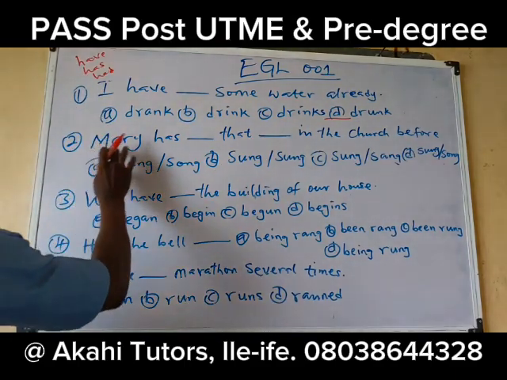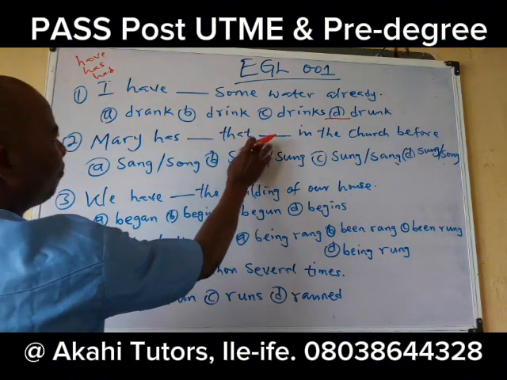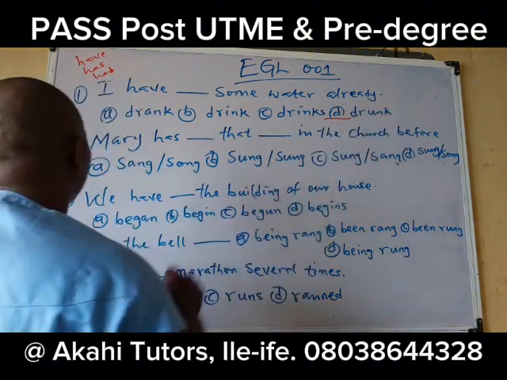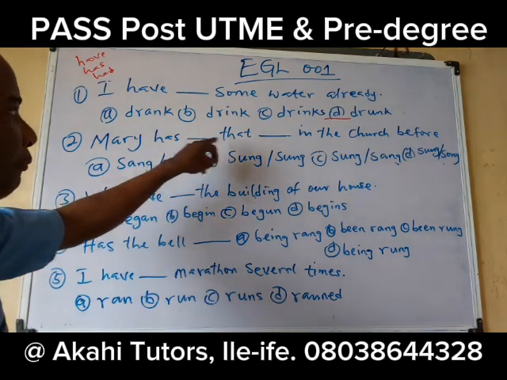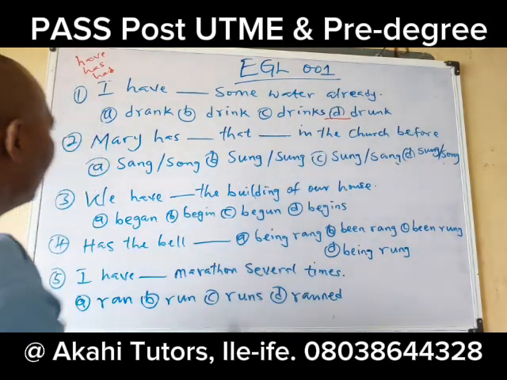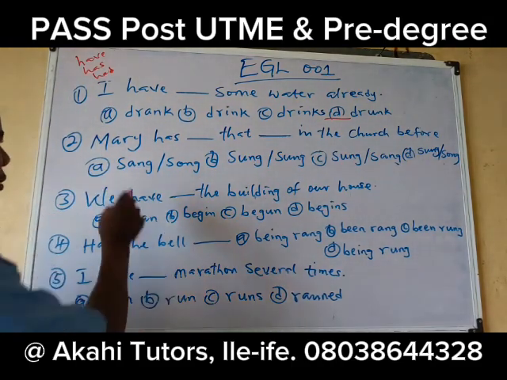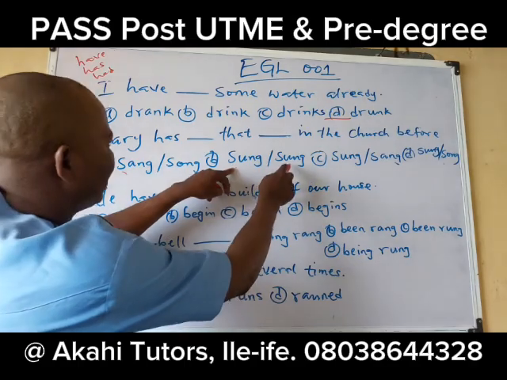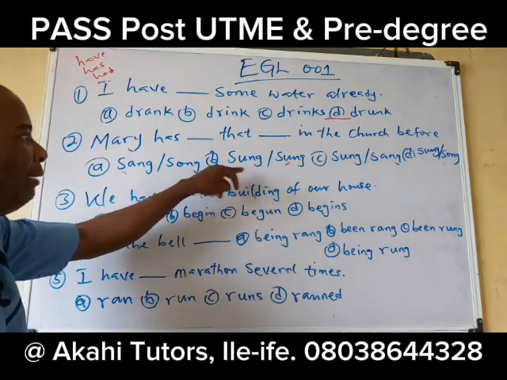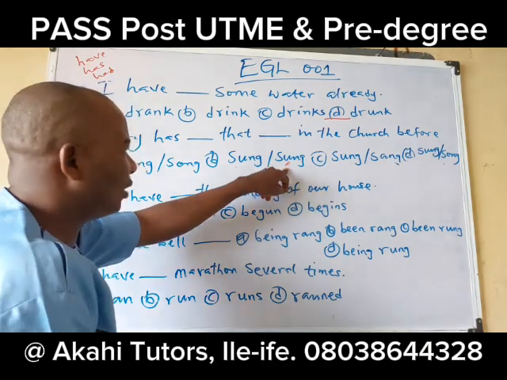Question 2. "Mary has blanked that blank in the church before." Mary has died. So what we need here is a past participle form and a nominal element. Option 1 is not correct because we have a past tense verb here. This one is correct, but the second side is still a verbal element in its participle form, so it's not correct.